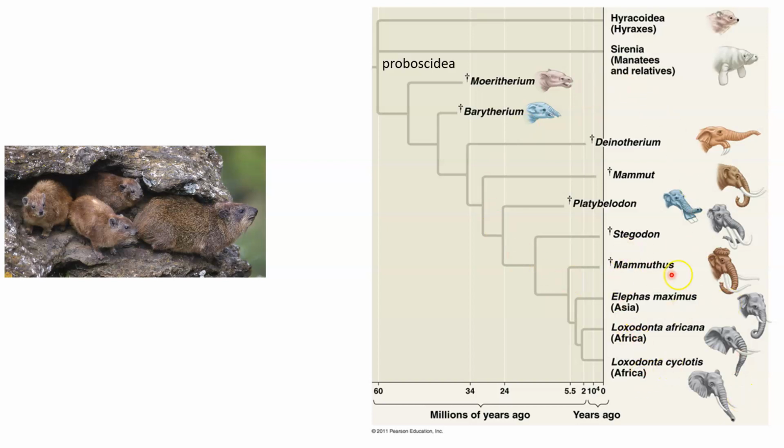There are lots of extinct species, right? Mammoths, Mastodon, right? There are several genera of extinct species, and some of the extinctions, like in the mammoth, are fairly recent. It happened after the Pleistocene glaciation, right?